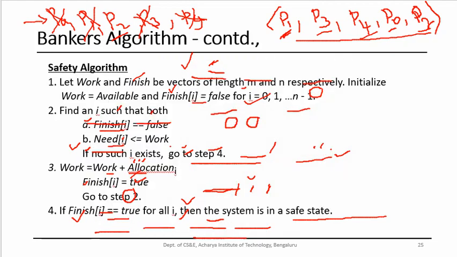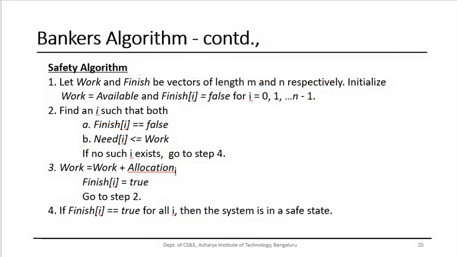Need of any process should be less than or equal to work, and finish of that process equal to false. If both the constraints are met, then we assume that this process execution can be completed, we put it in the safe sequence, and then we go ahead to step 3. I hope you've understood this safety algorithm.